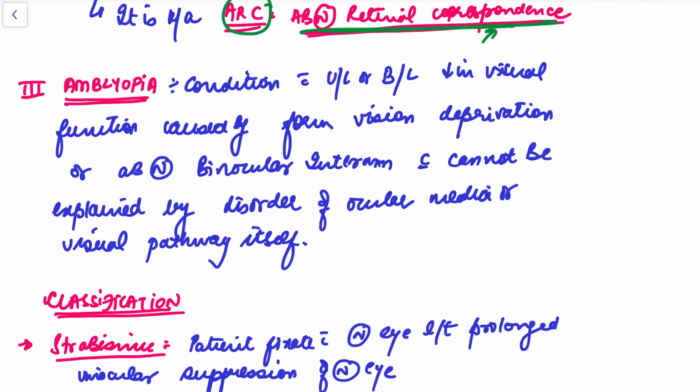It means that if we have corrected the pathology, there is no pathology right now in any of the eyes. Like if the media is clear, or if there is not any pathology in the nerves or in the visual pathway, but the eye is not able to visualize the things properly, or the brain is not receiving the signals. So this is known as amblyopia.